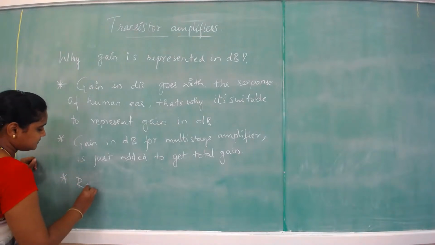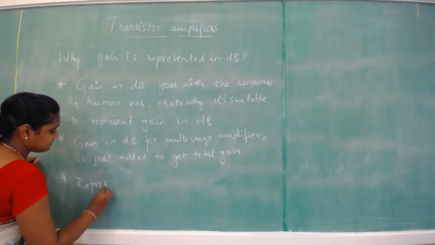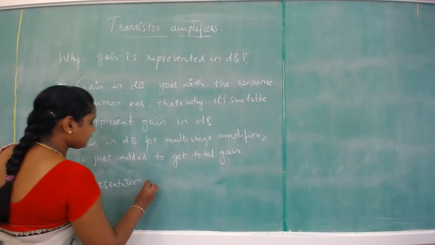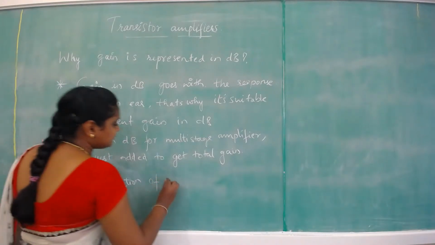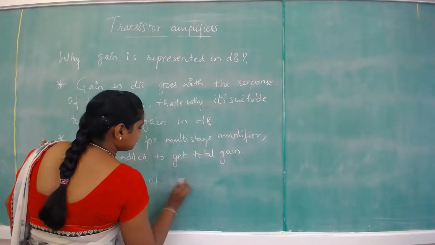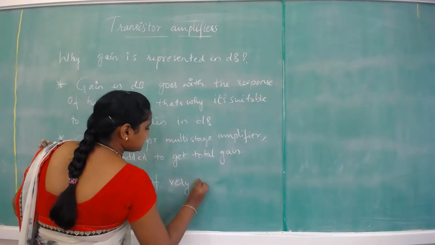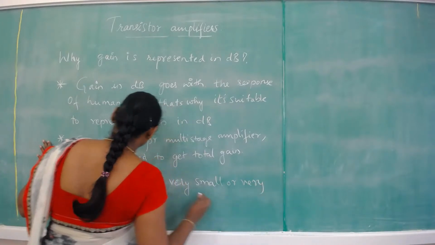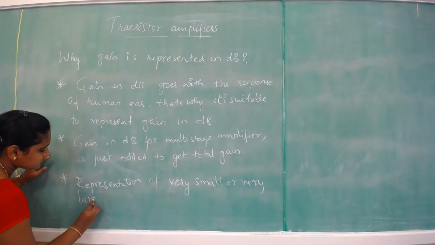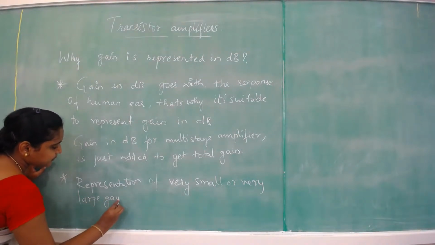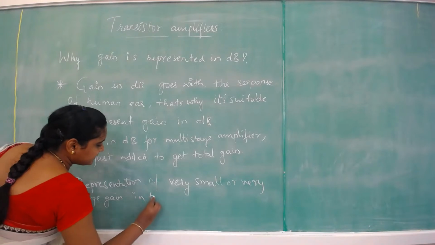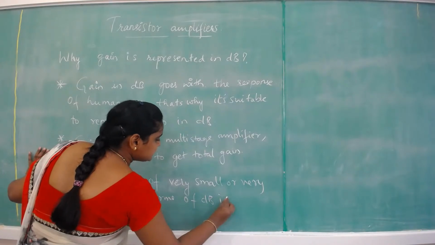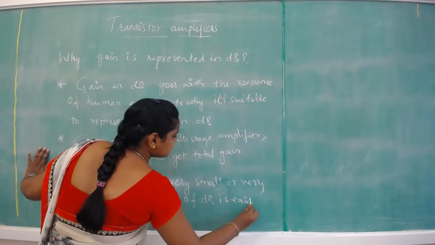Next, representation of very small or very large gain in terms of dB is easier.